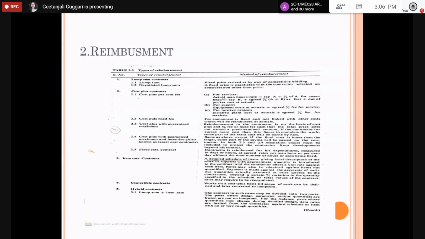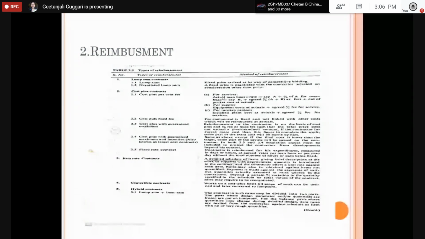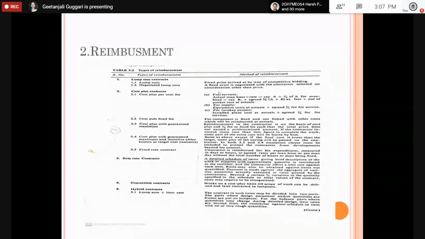In these cost plus contractors, based on the percentage of a fee, they will be paid for the services, actual man hours into the rate. So how many work hours he has been involved, multiplied by the rate per hour, whatever you have fixed. That will be the rate of that contractor.